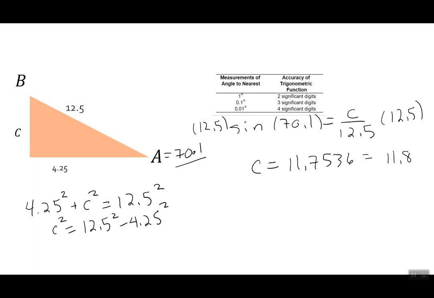So 12.5 squared minus 4.25 squared gives me 138.1875, but then I want to take the square root of that, and I get, again, C is 11.7553, whatever, keeps going, but remember we're looking for 3 decimal places, or 3 significant figures, which means it's 11.8.